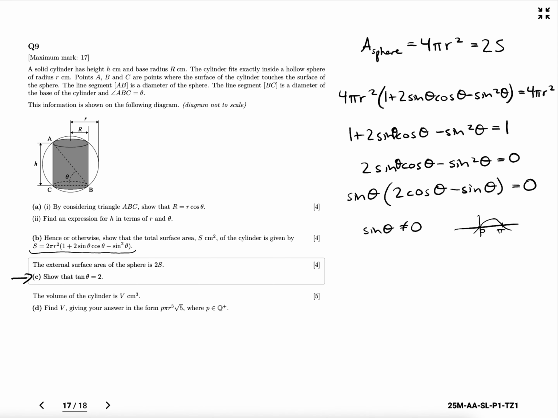So we can divide through by sine theta and say that 2 cos theta minus sine theta equals 0, which means that 2 cos theta equals sine theta, and we wanted tan of theta, so we're going to divide through by cosine, because sine over cos is equal to tan. So therefore tan theta equals 2.